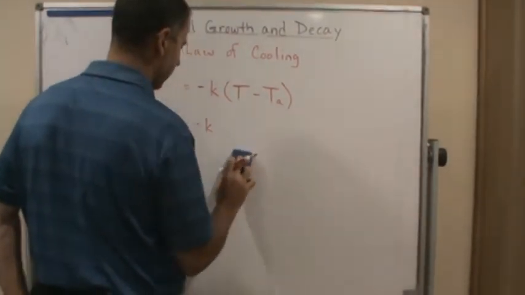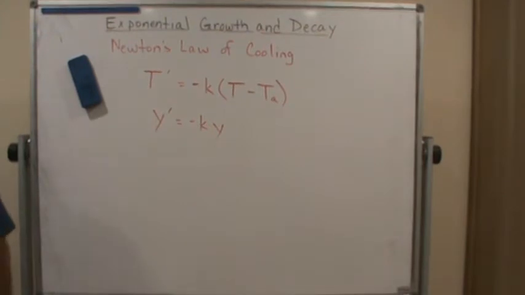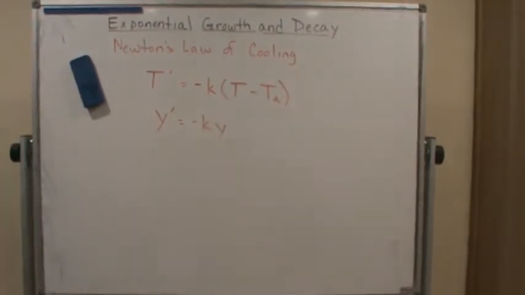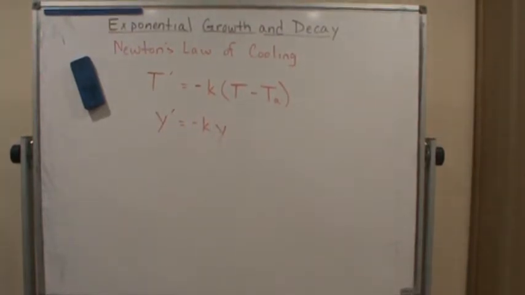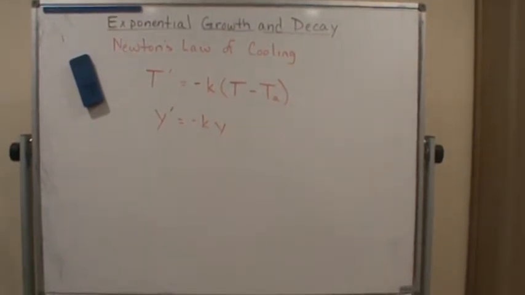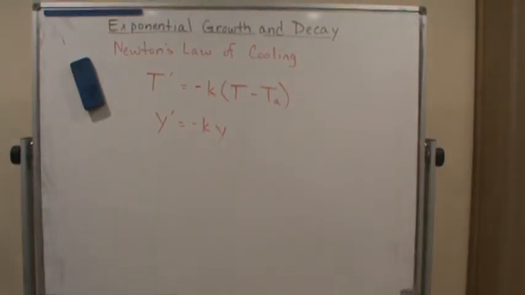We just did that, right? So it looks very similar, but it's not quite right. We want the derivative to be proportional to the function, and this expression has the additional term, the T sub A term, right?